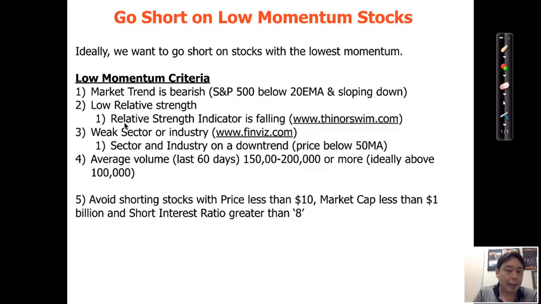And I check the relative strength indicator at Thinkorswim, and the relative strength indicator should be, again, below the red line and falling. And I'll show it to you in a short while. I forgot to show it to you for the high momentum criteria. I apologize. Let me show it to you right after this, okay?